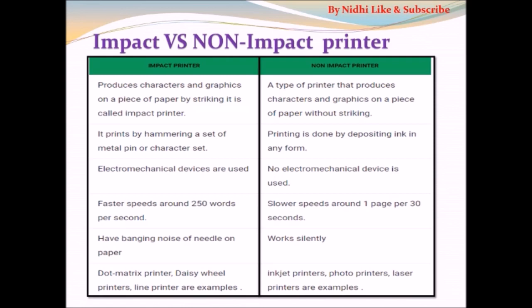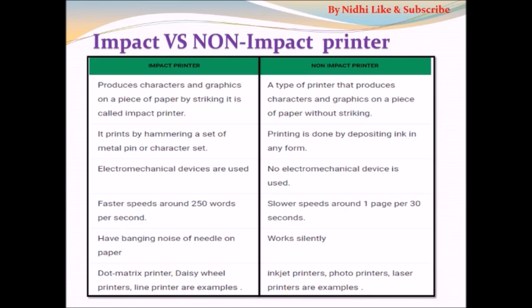Okay, third point is, in impact printers, electromechanical devices are used, whereas in non-impact printers, no electromechanical devices are used. Next point is, impact printers have faster speed, around 250 words per second, whereas non-impact printers are slow in speed and print around 1 page per 30 seconds.